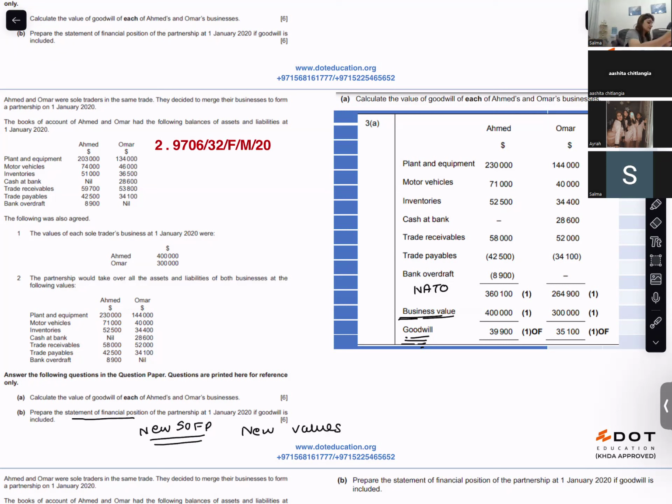The ones that are taken over. The new value is the value at which you have taken over the business. And if goodwill is included, this means that they want you to raise the goodwill and show the goodwill in the books. Can you tell me what is the total value of the goodwill?